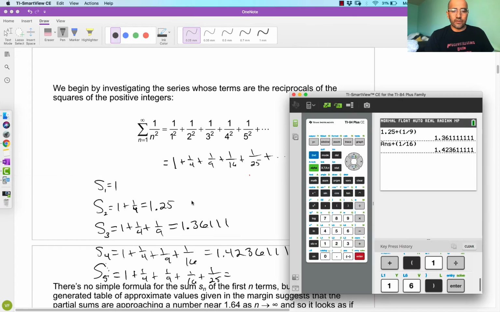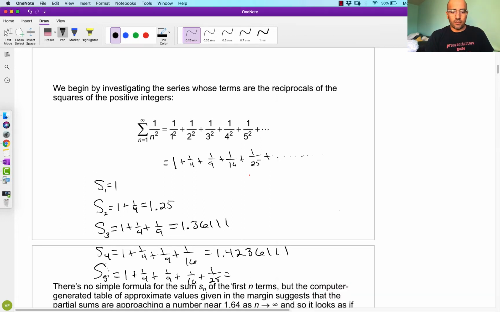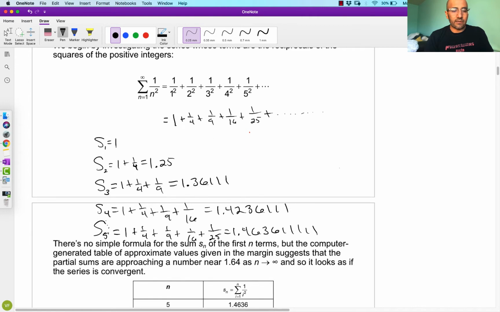So on the calculator, it's the previous result plus 1 divided by 25, enter, and we get 1.4636, 1.463611. We can continue in this way, but we're just going to use technology to create a table to find some of these S sub n values.